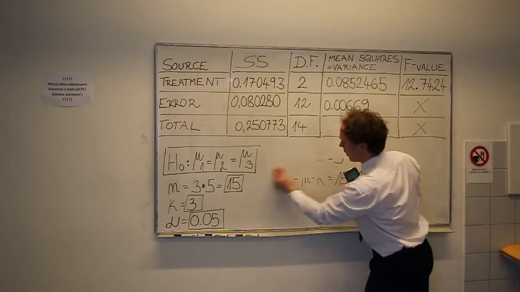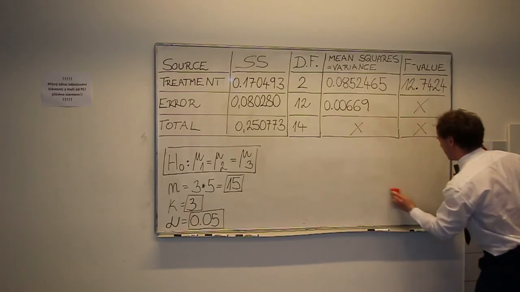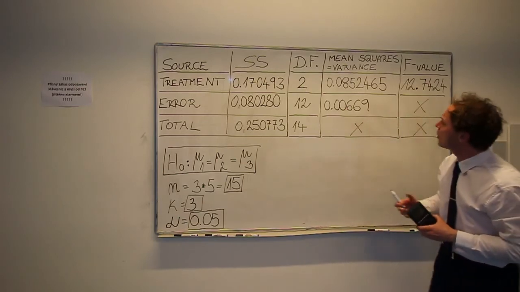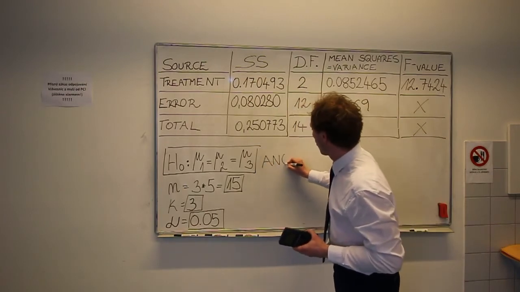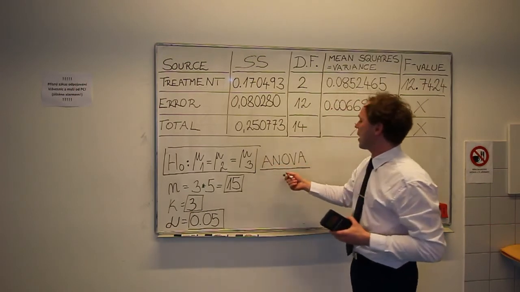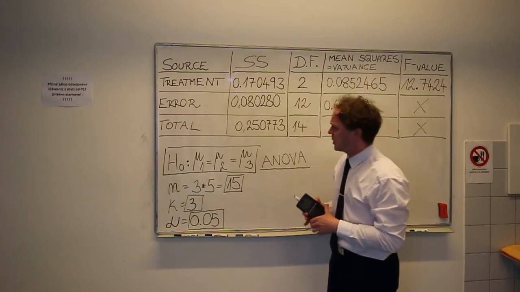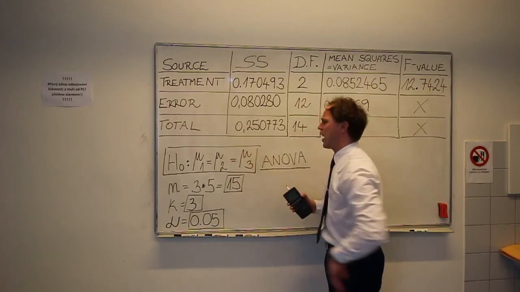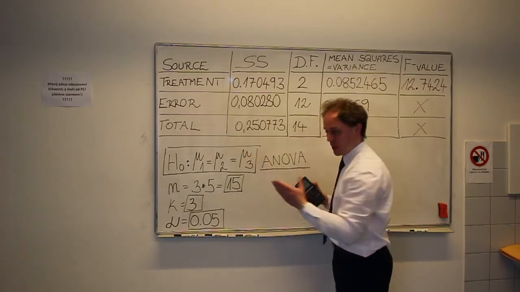So I will delete this, and now I will tell you the secret of why this method is called the ANOVA method, analysis of variance, while we have here a zero hypothesis designed on equality of three means.